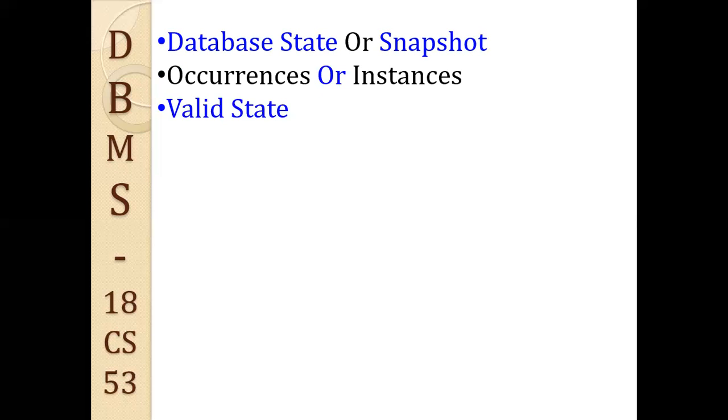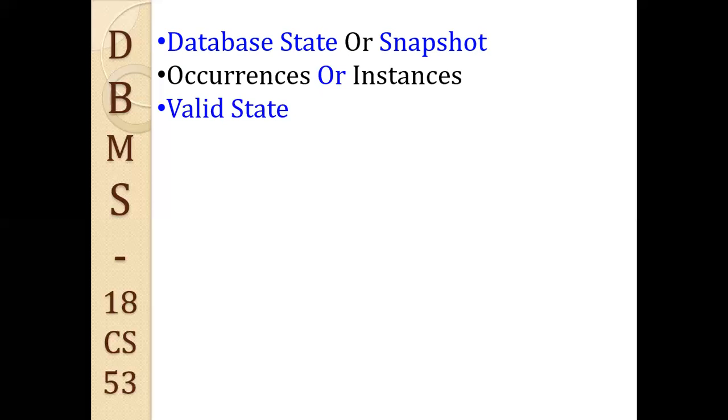Hence, specifying the correct schema to the database management system is very, very important. Whatever schema we are designing must be designed with utmost care, because according to the schema, the final database will be designed.